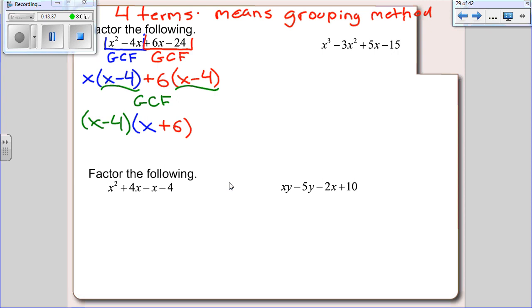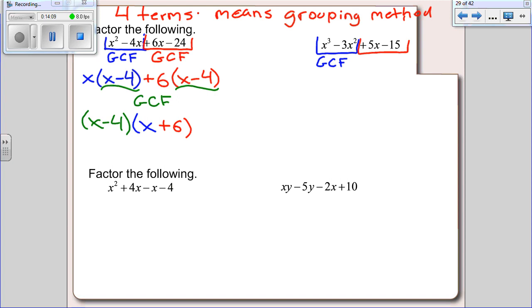The first step to grouping method is cut the question in half. Right after the second term, you cut it. I color code mine so I have a red side and a blue side. The reason we cut it in half is that you're able to GCF each individual side. So if I took a GCF out of the blue side, I could take an x squared out of both terms on the blue side.